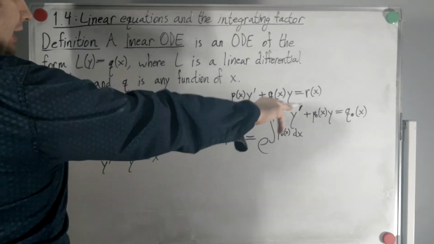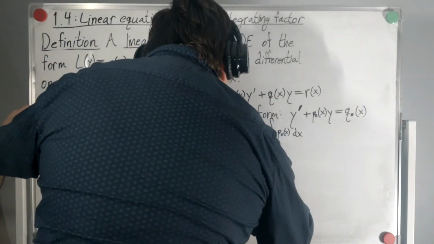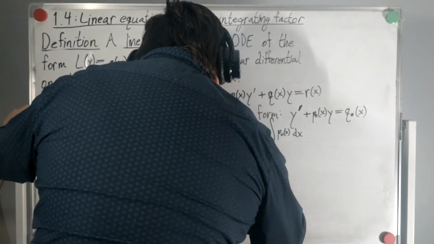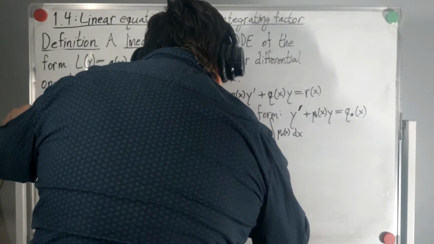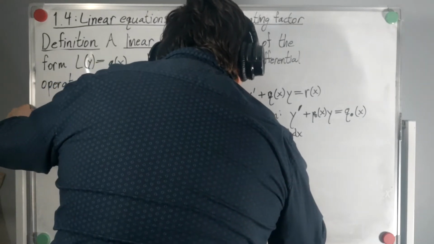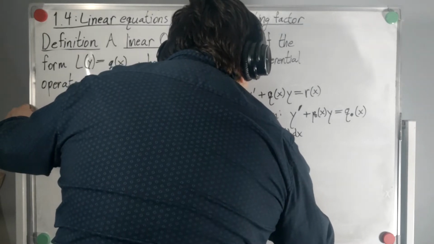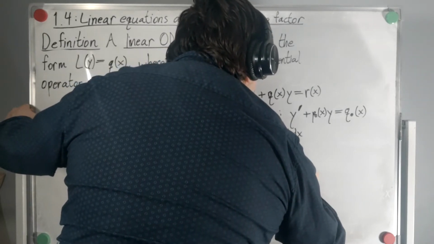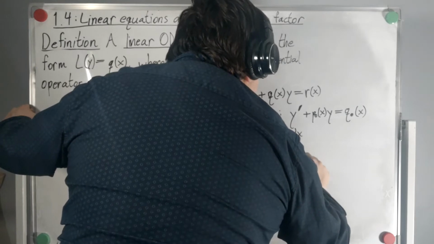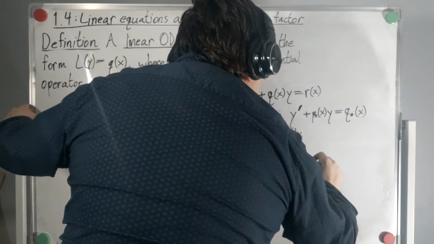What you do is you multiply this by everything. You get mu of x times y prime plus p0 of x times mu of x times y equals mu of x times q0 of x.